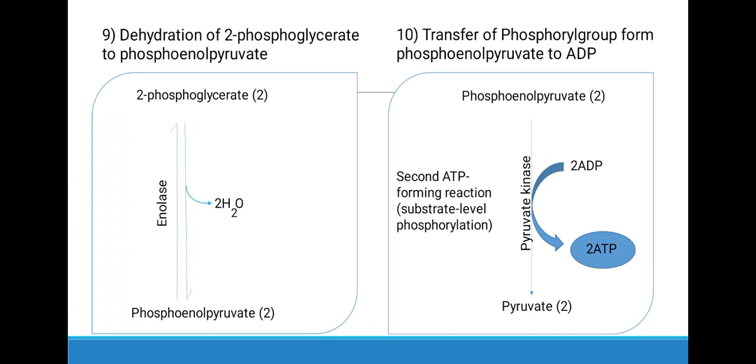It is the second ATP-forming reaction, where substrate-level phosphorylation also takes place, and here 2 ADP is converted into 2 ATP. In this last step, pyruvate kinase transfers this residue to ADP, and the remaining enol pyruvate is immediately rearranged into pyruvate, which is much more stable.